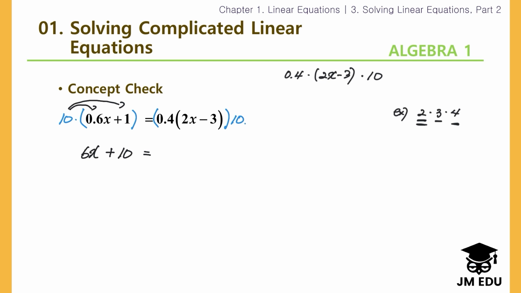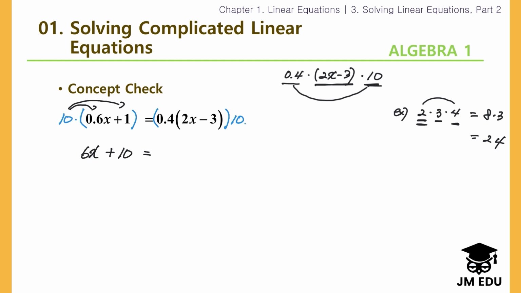So if I multiply 2 by 4 first, then that's going to be 8 times 3, which is 24, right? So 3 expressions are multiplied. Then what we can do is multiply these two first and multiply this expression later, right?